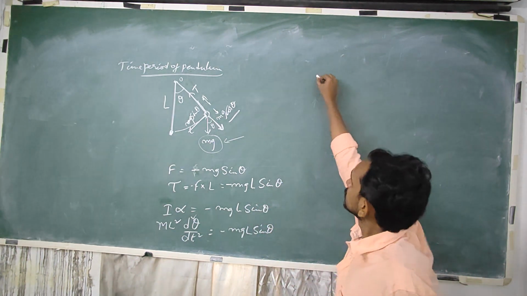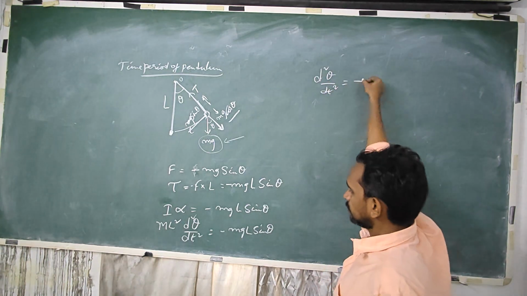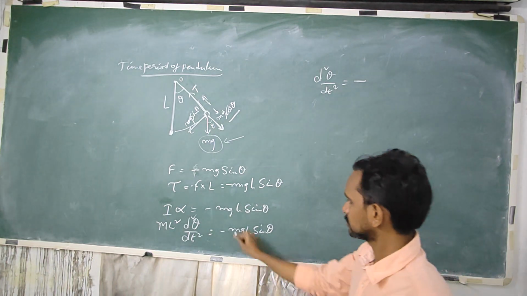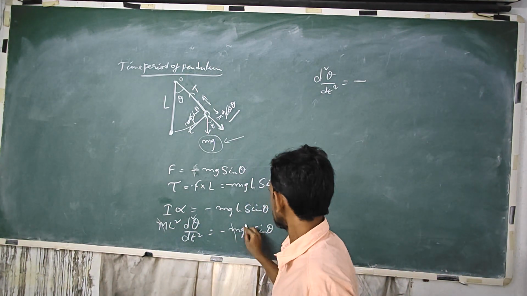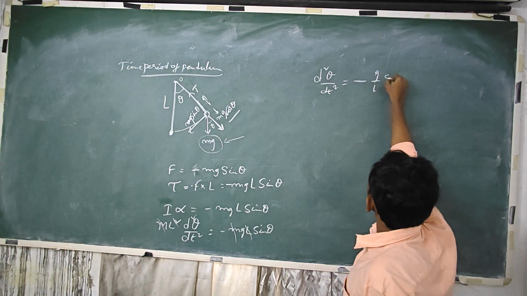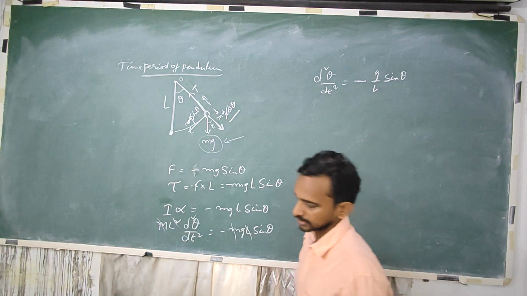So what happens? This d square theta by dt square is equal to minus g by l sin theta, so m gets cancelled, l gets cancelled. So this is the equation you'll be left with.